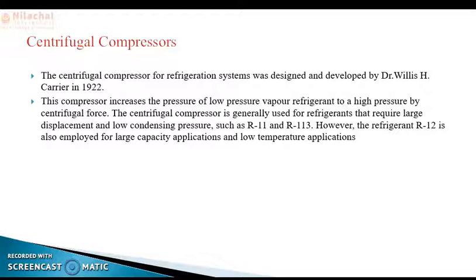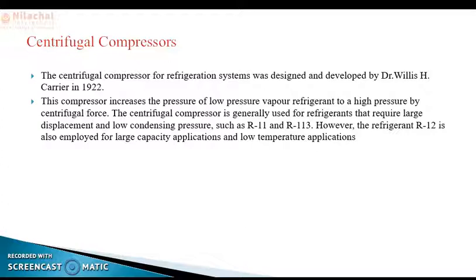In Bernoulli's equation, you know that the total energy is constant. That means the pressure energy P by rho g plus the kinetic energy V square by 2g plus the potential energy or datum energy Z is equal to constant.